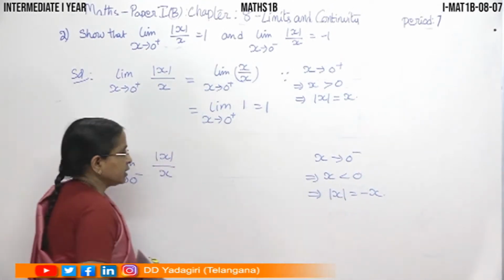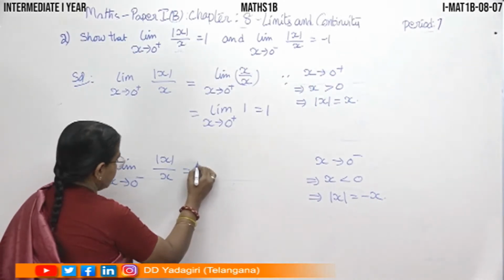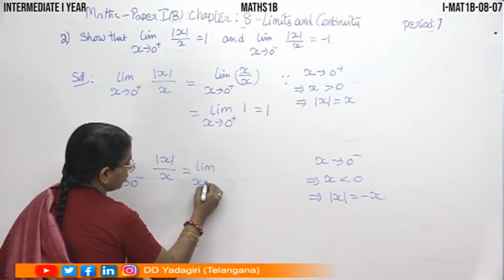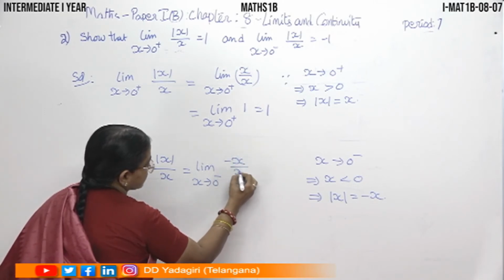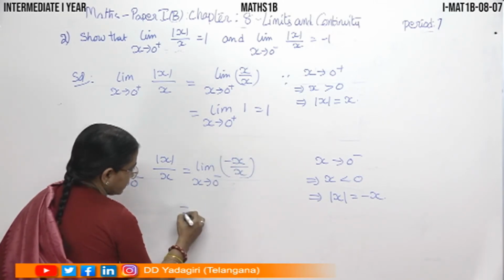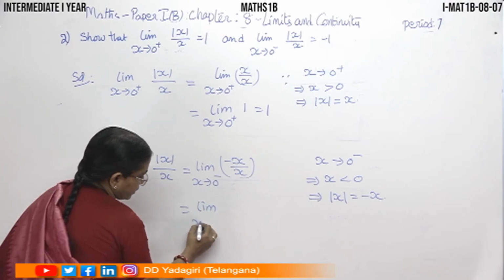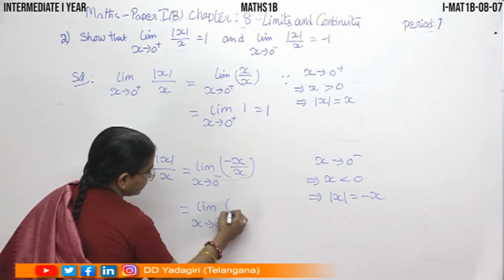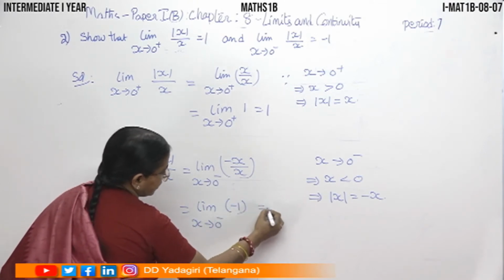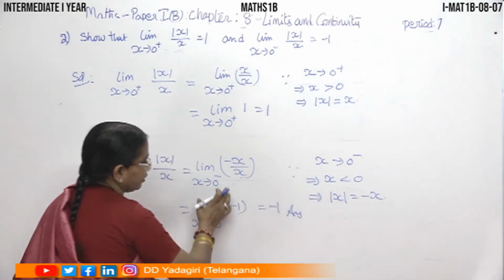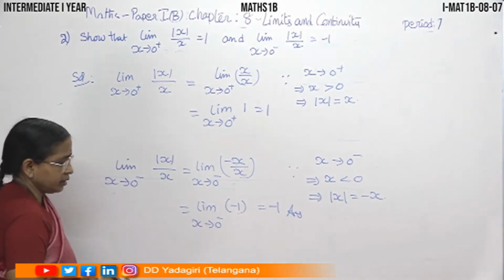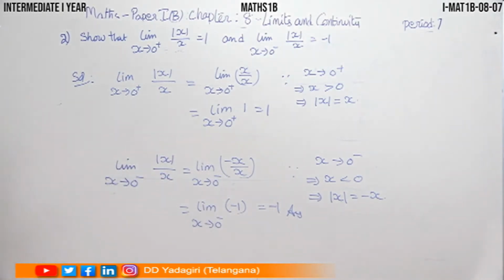Mod x is minus x. So we'll write this as limit x tending to 0 minus of minus x by x. So x gets cancelled. So it is limit x tending to 0 minus of just minus 1. For a constant, the limit is minus 1. So these steps you should write, and this part is very simple.